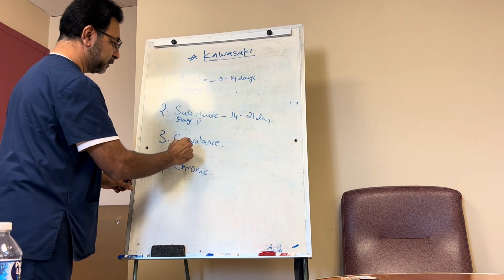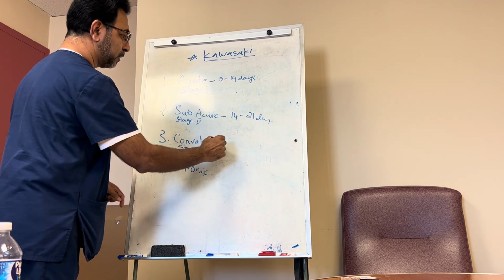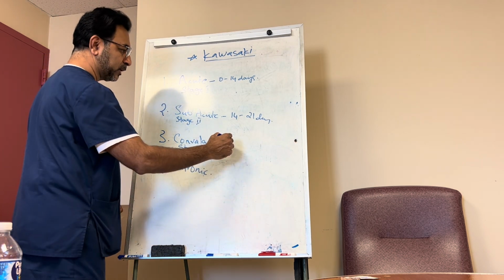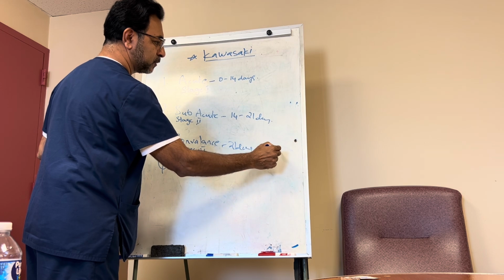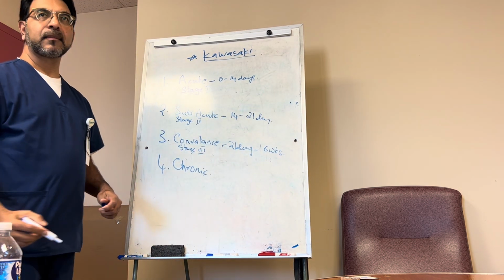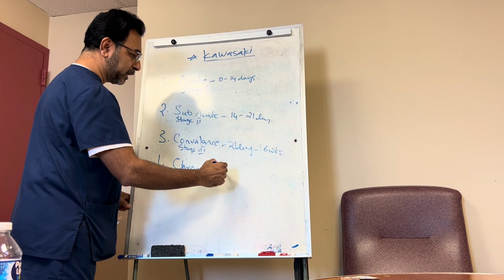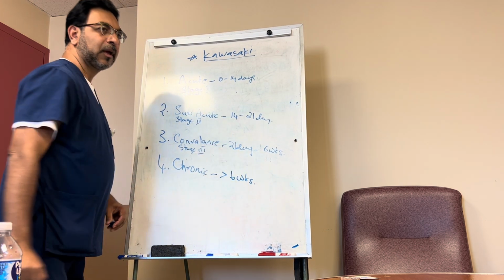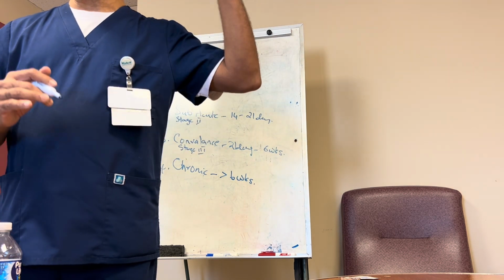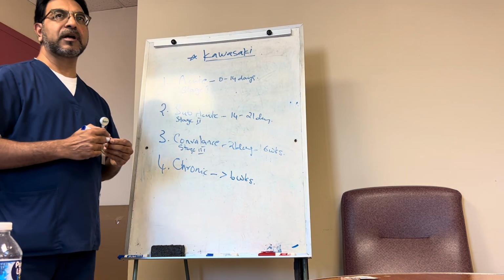Stage 3 is 21 days to 6 weeks. Chronic is more than 6 weeks. So these are the different stages of Kawasaki.